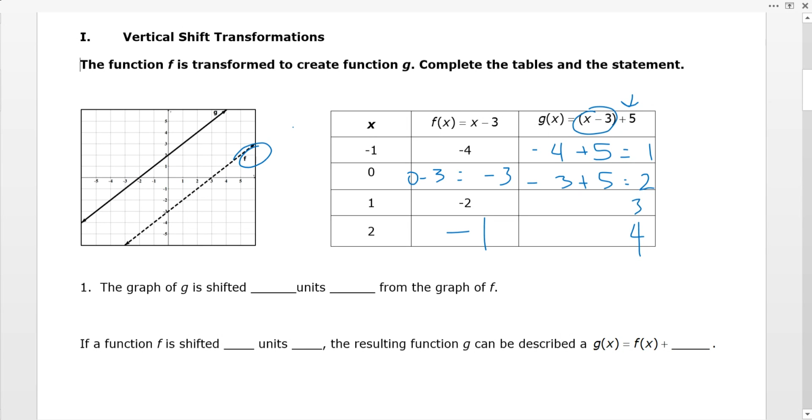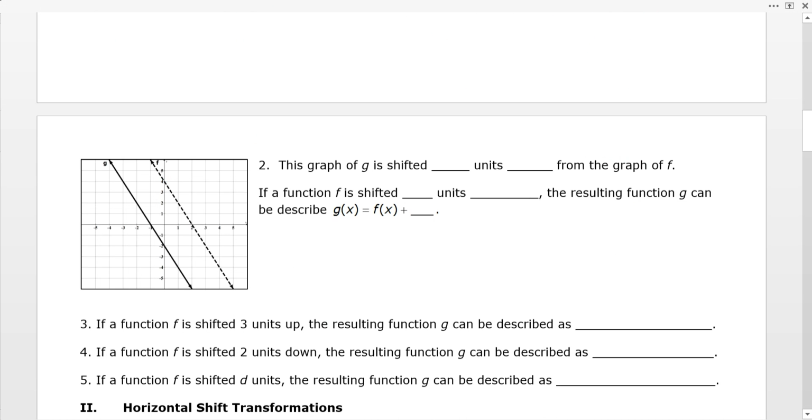So you'll notice the line shifted up, and if you count 1, 2, 3, 4, 5, it shifted up 5. So the graph of G is shifted 5 units up from F. If a graph is shifted 5 units up from F, the resulting function is G of x equals f of x plus 5. So no matter what f of x is, we just added 5 to the value, and that's a vertical shift.